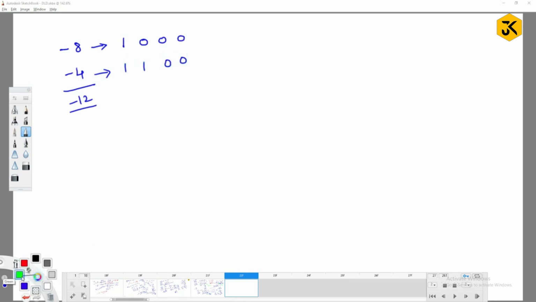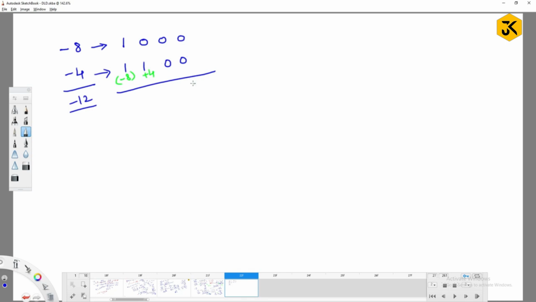If anybody has not understood, try to observe. This is minus 8, it is plus 4. Total you are going to get minus 4 only. See why I am getting this minus 4: minus 2 power n plus 2 power n minus 1 and so on.